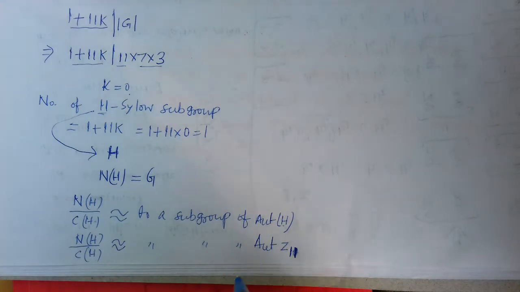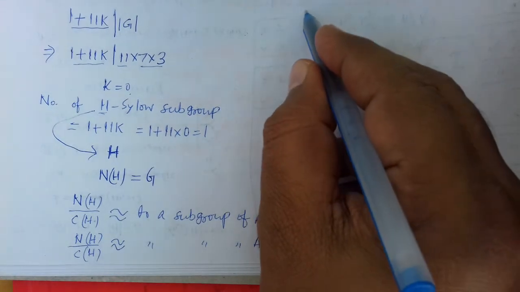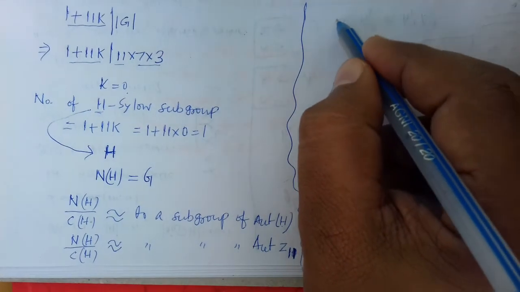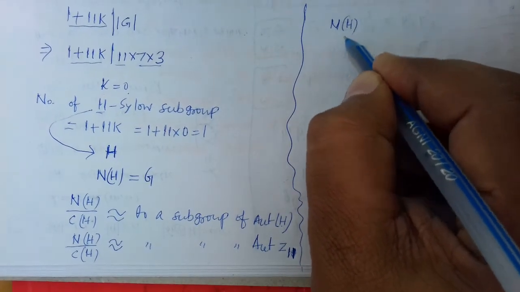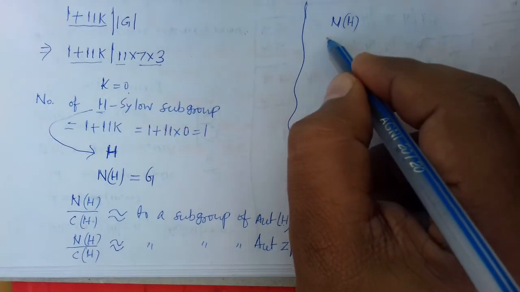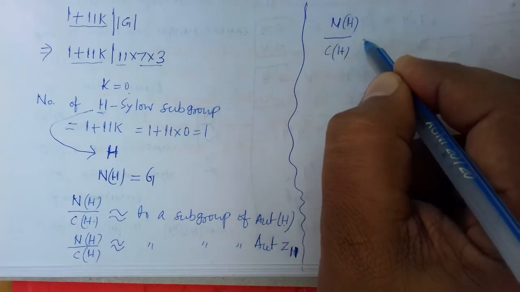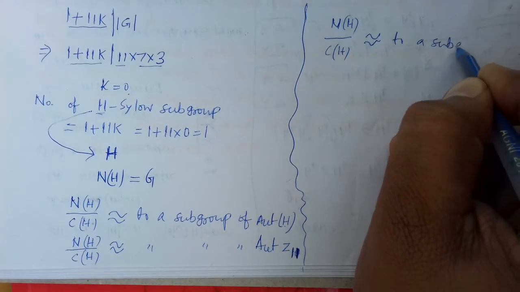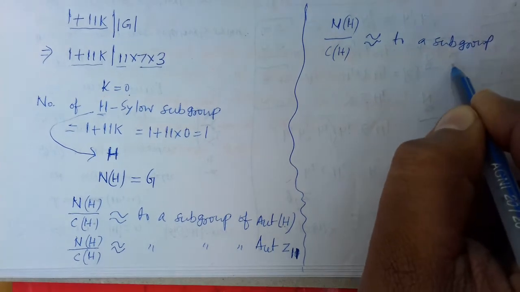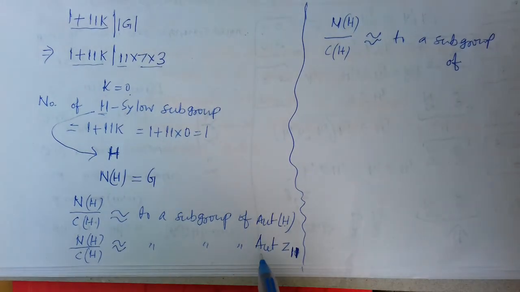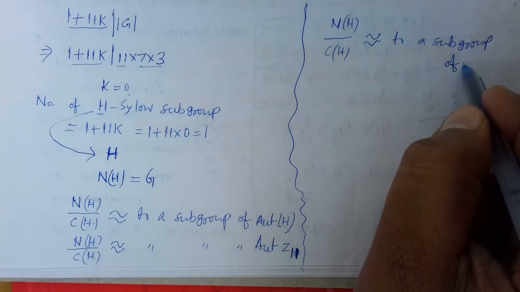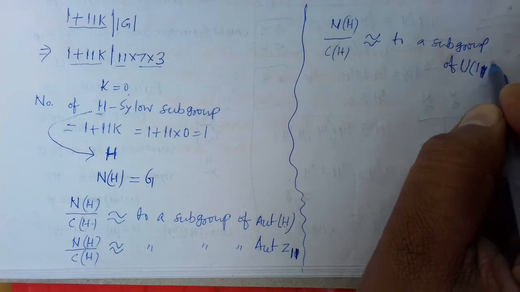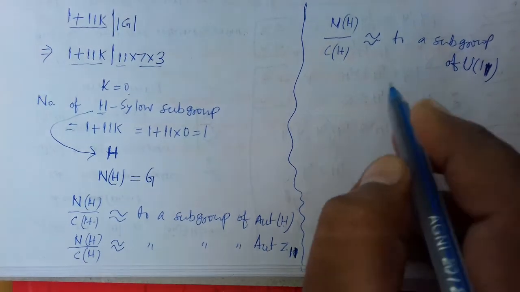Now the same thing can be written here. We can replace this with Aut(Z11). NH by CH will be isomorphic to a subgroup of Aut(Z11), and this will be U11, here is 11.